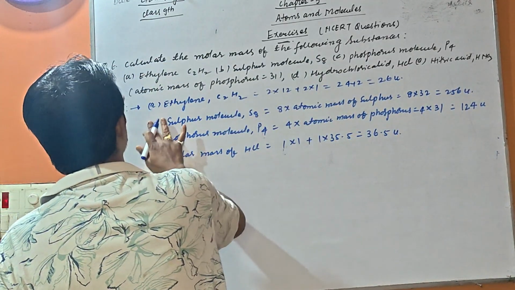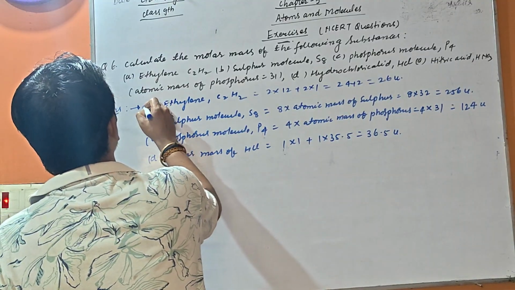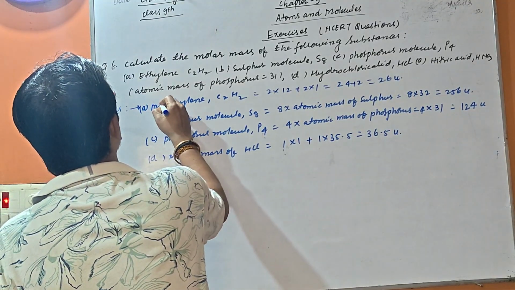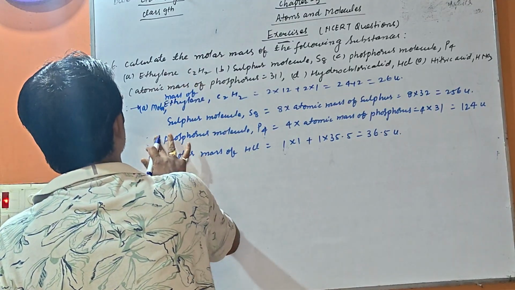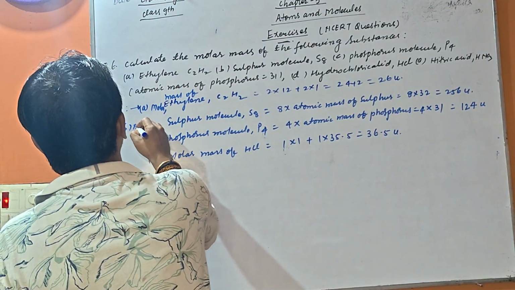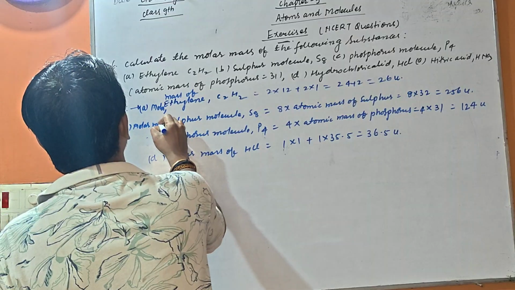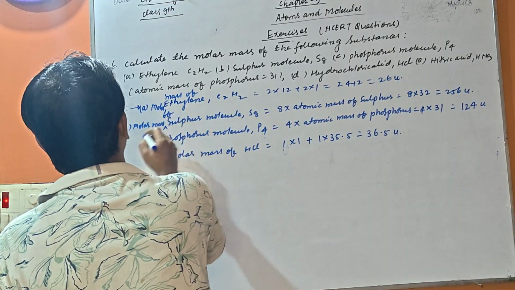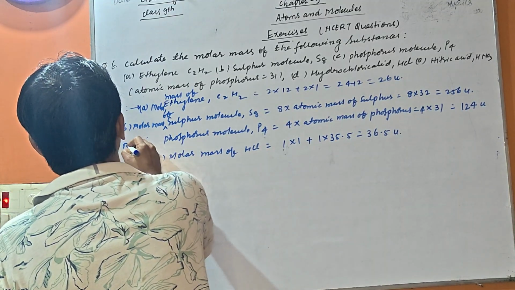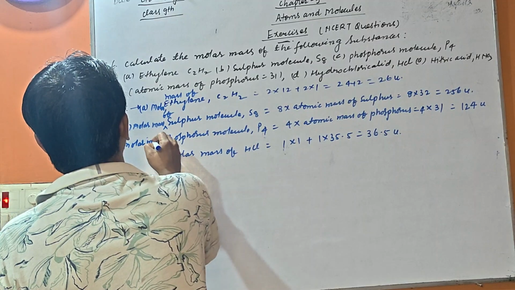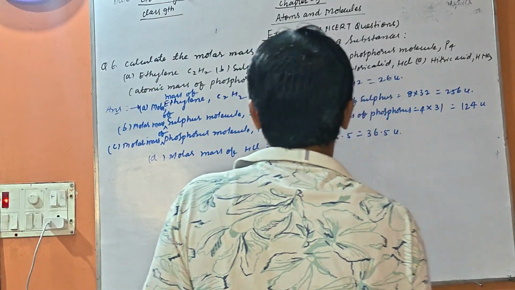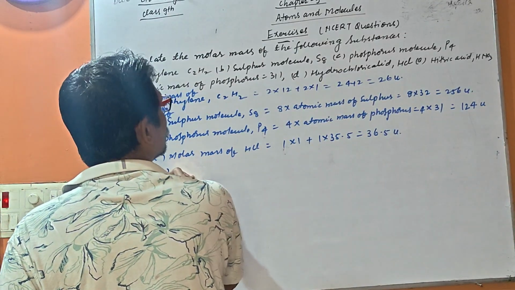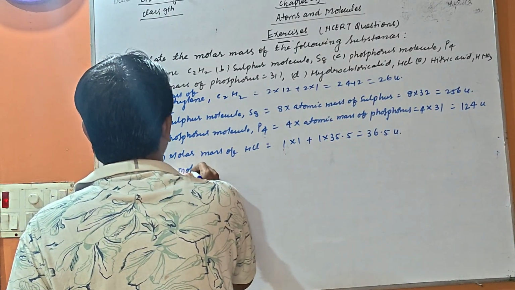We are all calculating the molar mass. A number, molar mass of ethylene. B number, molar mass of sulfur. C number, molar mass of phosphorus. Molar mass of HCl, 36.5 u. E number, molar mass of nitric acid.